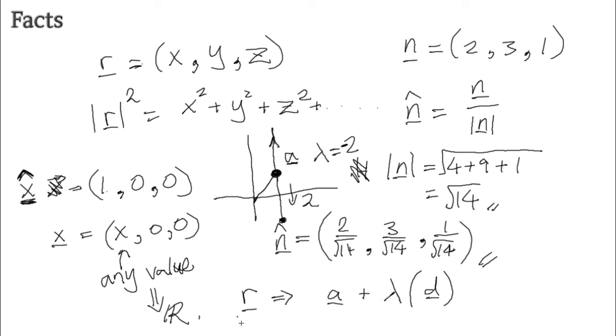However, I think it's important to note that if for a certain r you have a different a, you have a different lambda, but you have the same d, then you will get a parallel line. If you get a as the same and lambda is the same, then you will have an equal vector.